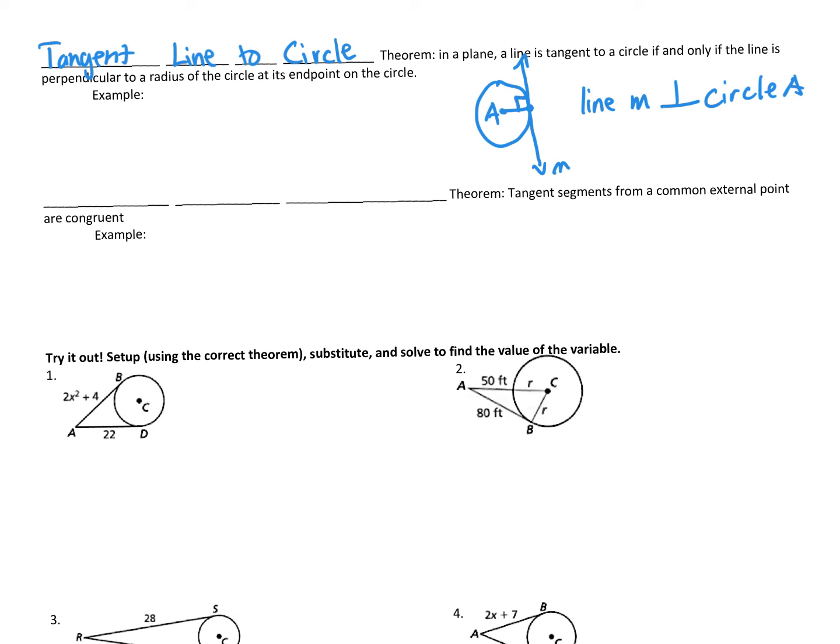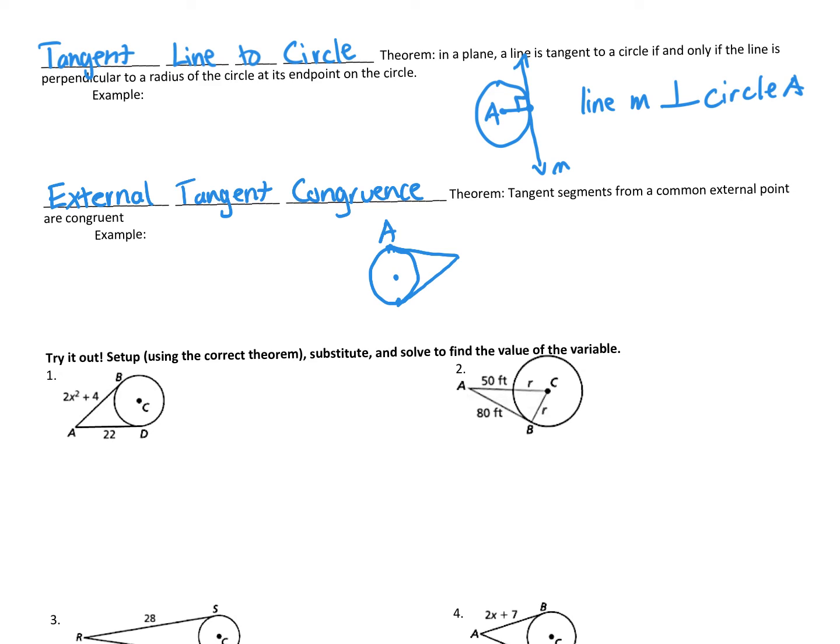On down, an external tangent congruence. What it basically means is that if from one circle, you have two lines that are tangent and they touch to the same circle, like that.